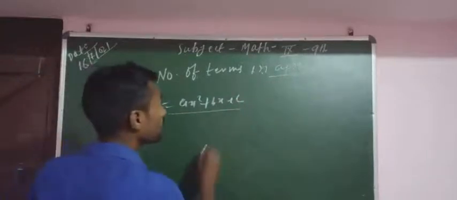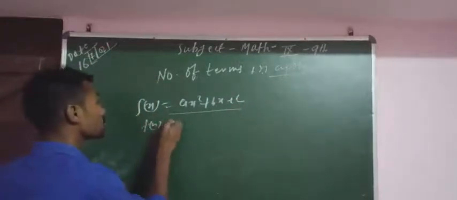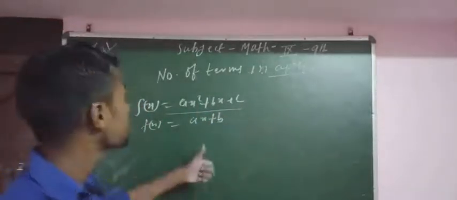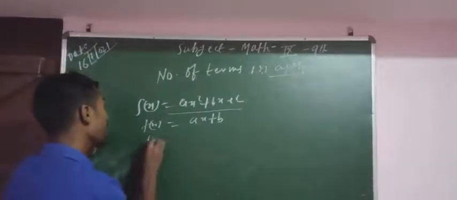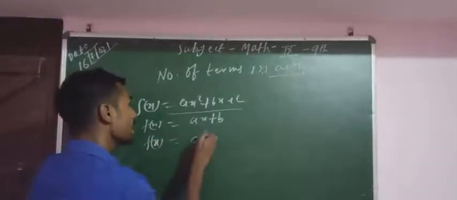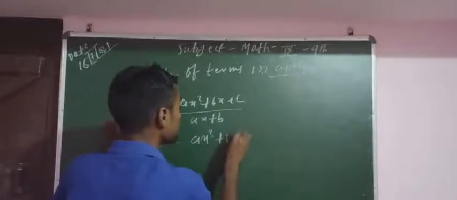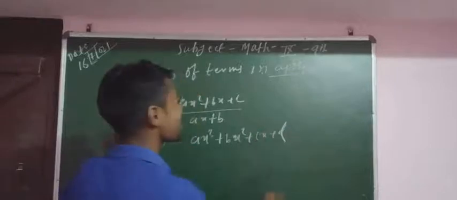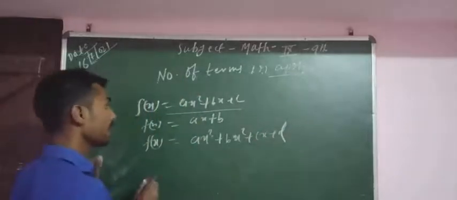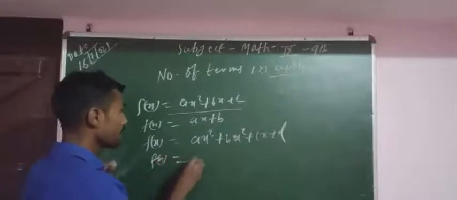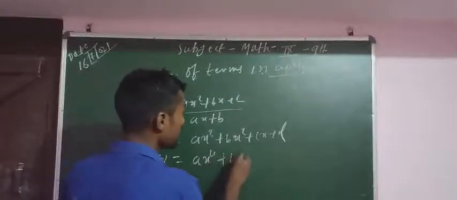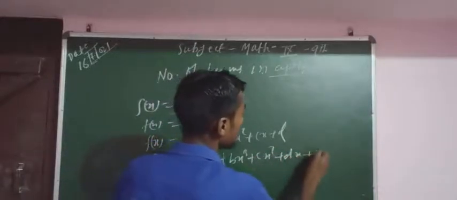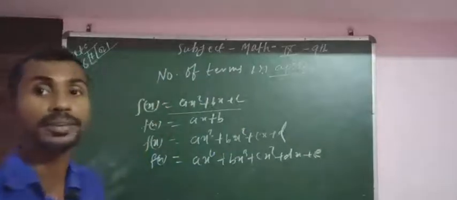This is the standard form of the quadratic polynomial. f of x equals ax plus b is the standard form of the linear polynomial. f of x equals ax cube plus bx square plus cx plus d is the standard form of cubic polynomials.